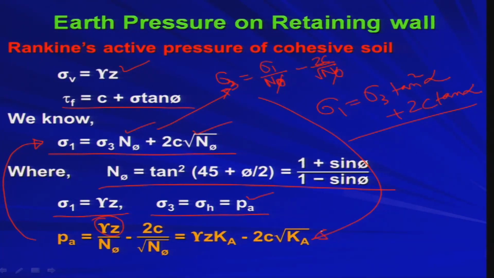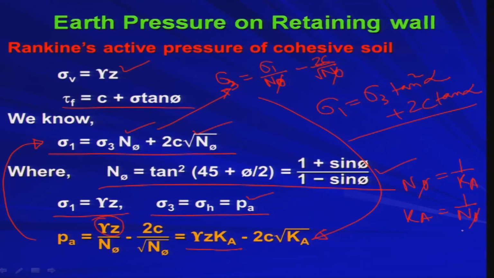So, Pa is equal to gamma z by n phi minus 2c root over n phi, which is nothing but gamma z into Ka. You look at here, what is n phi? N phi is nothing but 1 by Ka, or Ka is equal to 1 by n phi.